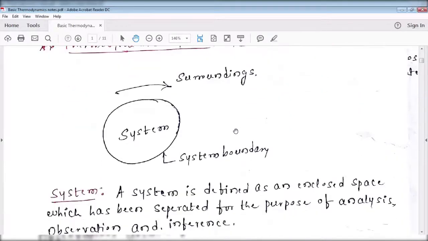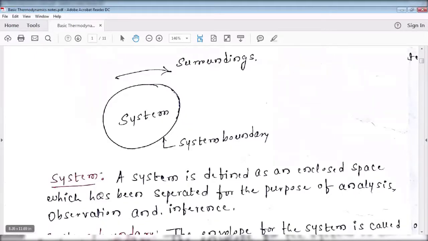First, we are going to the system. Go through the definition. A system is defined as an enclosed space which has been separated for the purpose of analysis, observation, and inference.